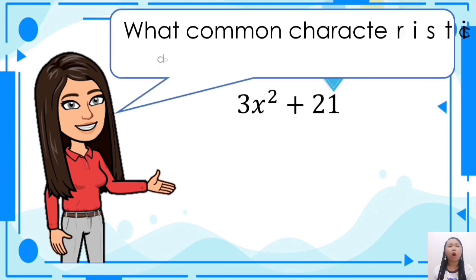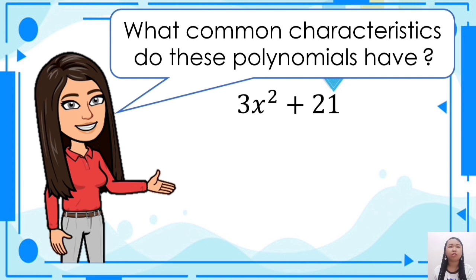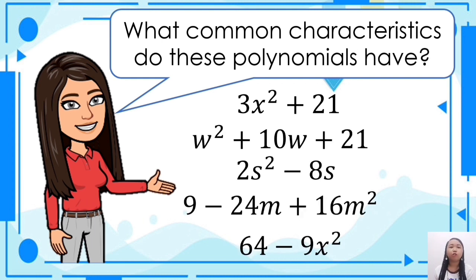Now, what common characteristics do these polynomials have? So, these are the answers in our activity earlier. 3x squared plus 21, w squared plus 10w plus 21, 2s squared minus 8s, 9 minus 24m plus 16m squared, and 64 minus 9x squared.